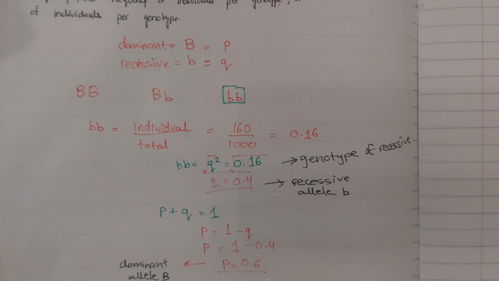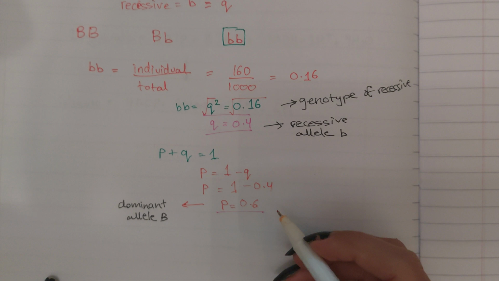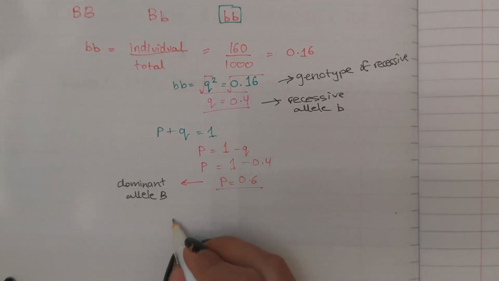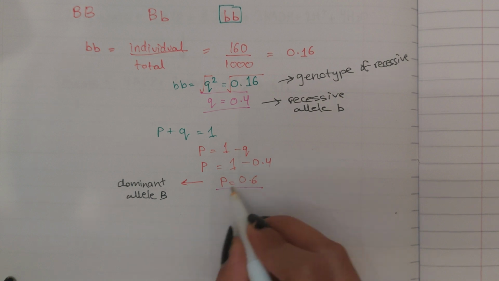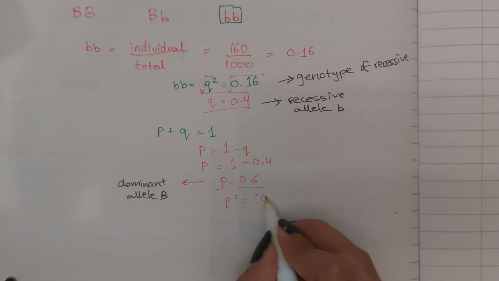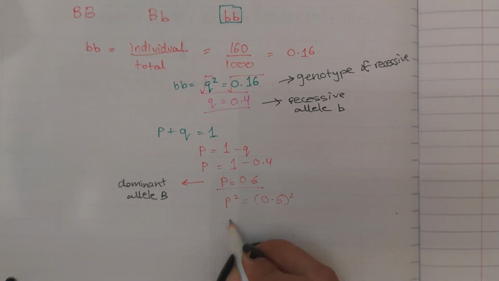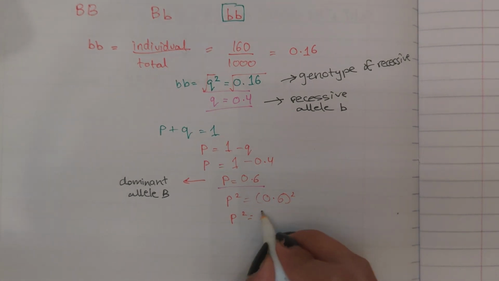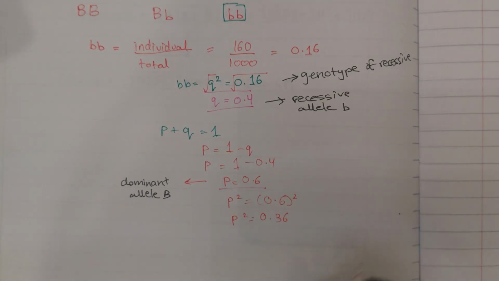So we've got all of this, and now we just have to find p square. That's pretty easy to find. We'll just take the square of p, 0.6 square. p square is going to be 0.36.